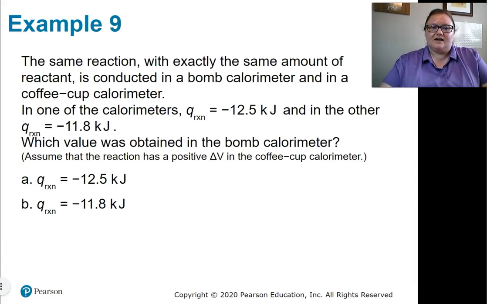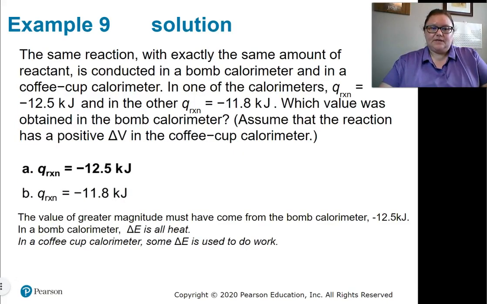All right, so let's look at example number 9. Actually, we did this in class, right? We talked about this one also before the lab. The way we were able to determine which value of Q fit which type of calorimeter was remembering that with the bomb calorimeter, all of the change in internal energy is heat, whereas the coffee cup calorimeter is not completely sealed up.